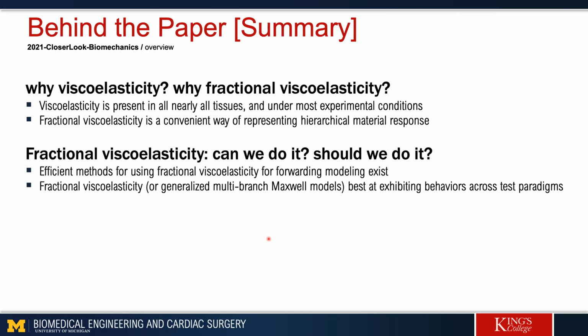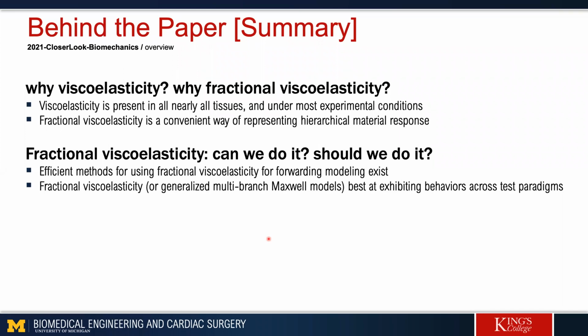We've shown that you can efficiently use these fractional models in a forward modeling context, and they actually seem to be quite important if you want to get a model that exhibits behavior that's reasonable for a tissue, irrespective of the loading scenario.